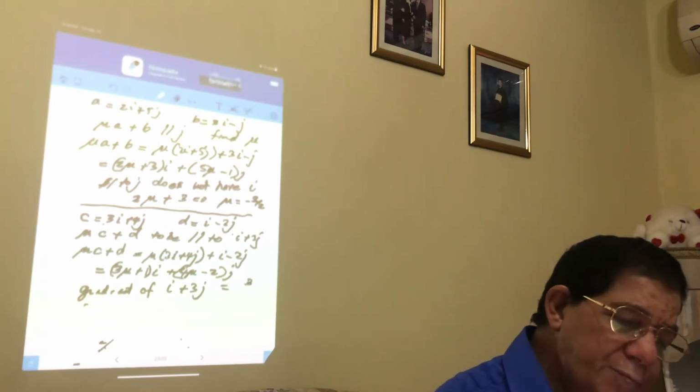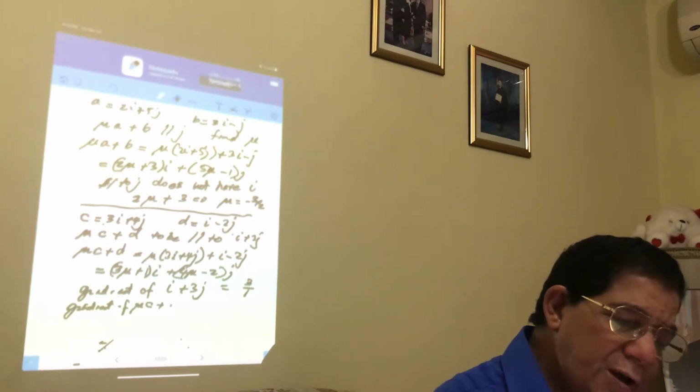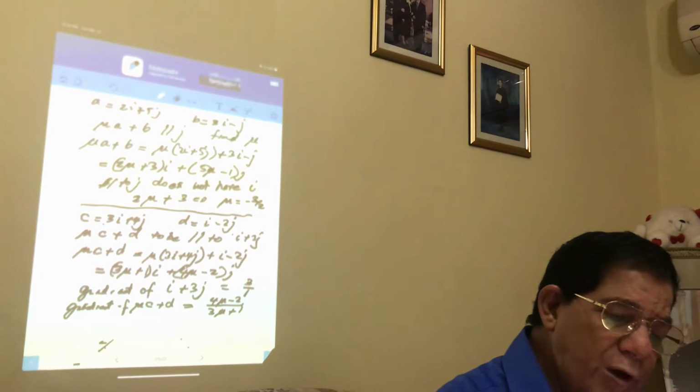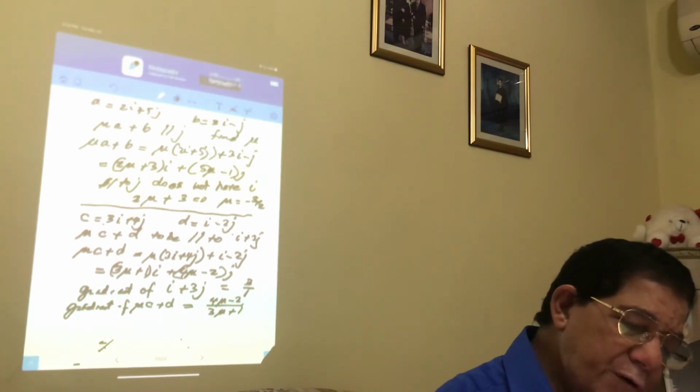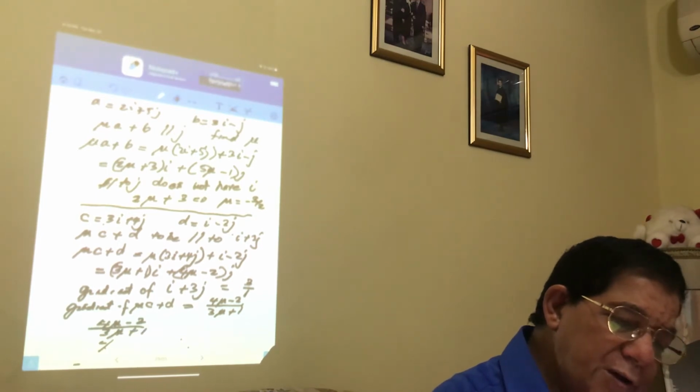It equals 3 over 1. And the gradient of mu C plus D equals 4 mu minus 2 over 3 mu plus 1. We equate them: 4 mu minus 2 over 3 mu plus 1 is the same as 3 over 1.